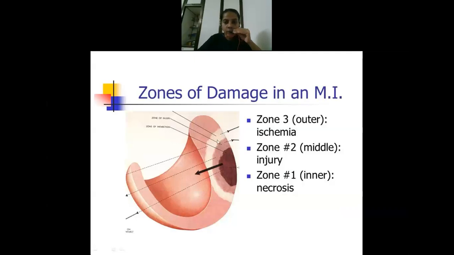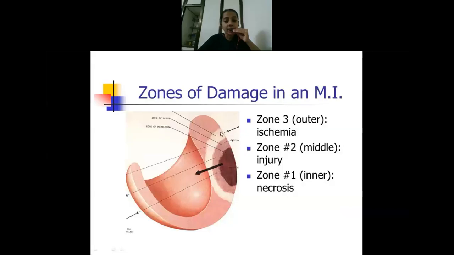This zone is called the zone of ischemia. Whenever there is damage to this zone, it is not endangered. Remember, it is not endangered, and it is viable, meaning you are able to live. If there is no further infarction, it is viable, and we can tell that it is reversible also.